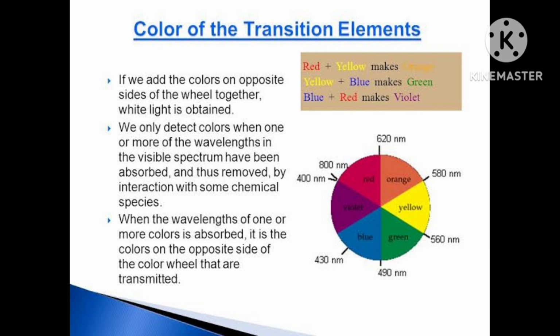Now Fe2+, 3d6. In 3d6 there are 6 electrons, but the unpaired electrons are only 4 because 2 are paired. You know that in d5 there are 1, 1, 1, 1, 1.